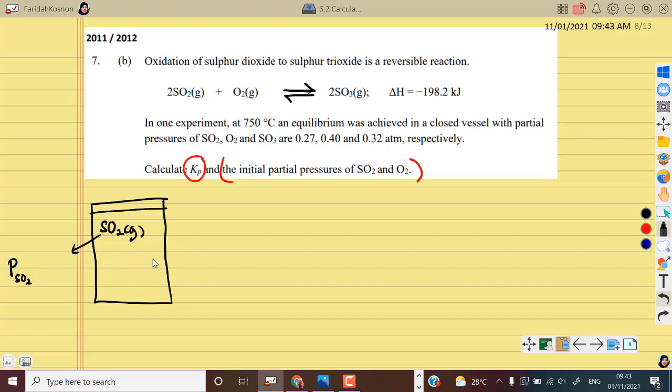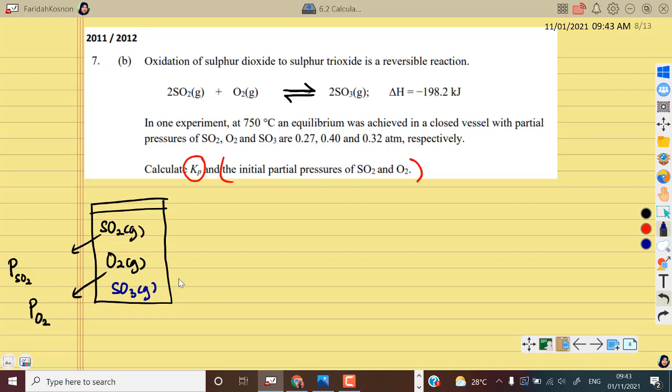Okey, lepas tu saya masukkan oxygen gas. Jadi maksudnya saya masukkan reaktan terlebih dahulu. So, oksigen gas pun dia ada partial pressure masing-masing lah. Okey, so bila saya masukkan kedua-dua reaktan ini, apa yang berlaku? Dia start untuk bertindak balas dan lama kelamaan dia akan membentuk sulfur trioxide gas sedikit demi sedikit.